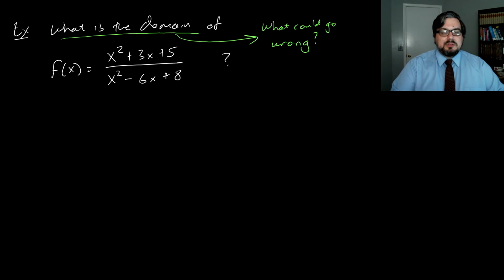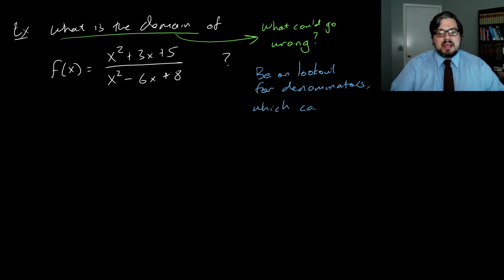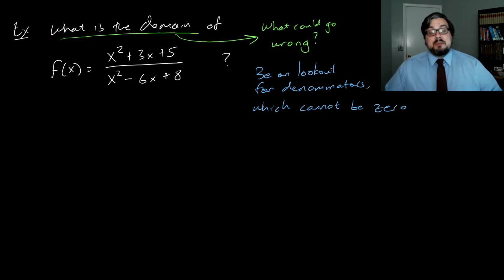So we want to be on the lookout for denominators, because denominators cannot be 0. If a denominator turns out to be 0 anywhere in the formula, then the whole function is undefined when you plug that number in, and therefore that number is not part of the domain of that function.